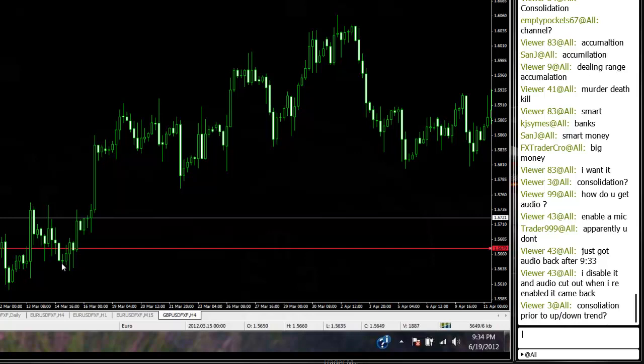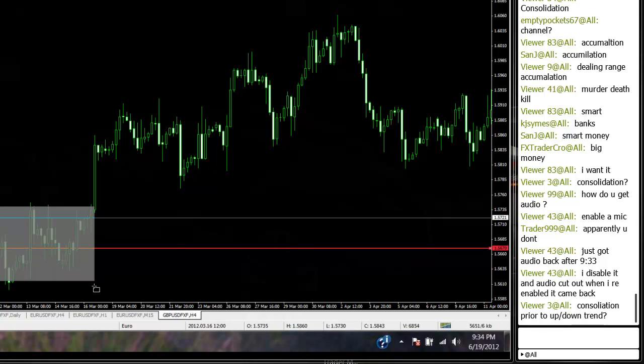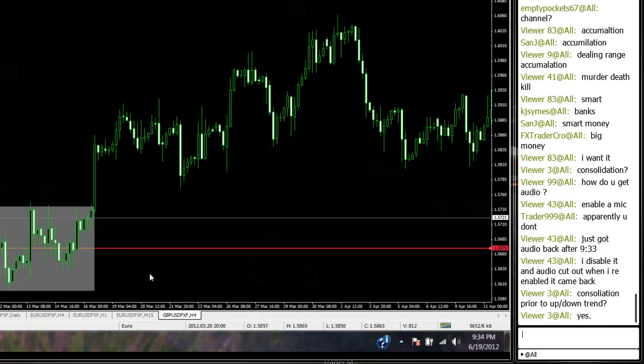Okay, consolidation. Can you see how price remained in a relatively small consolidated area in here, prior to any significant price move up or down?